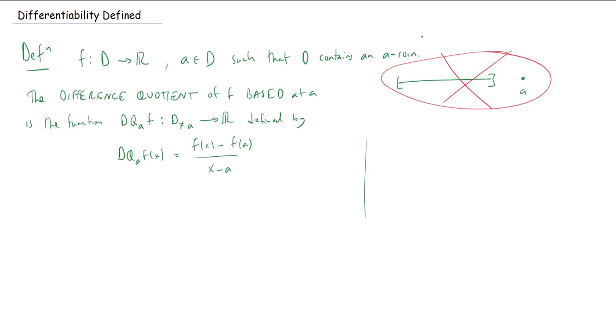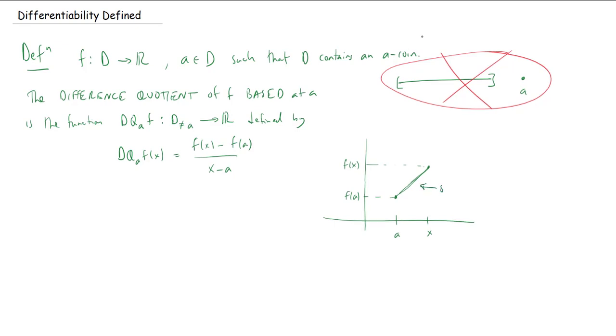Okay, so if we were graphing and I had maybe some A here and I had some X there, maybe my curve is going to go through A comma f of A, and X comma f of X. Now I don't know what the graph looks like, but I can ask, what is the slope of the line segment that goes between A comma f of A and X comma f of X?